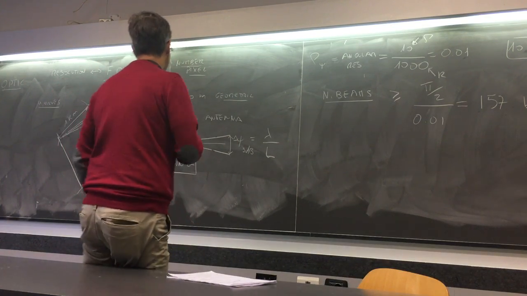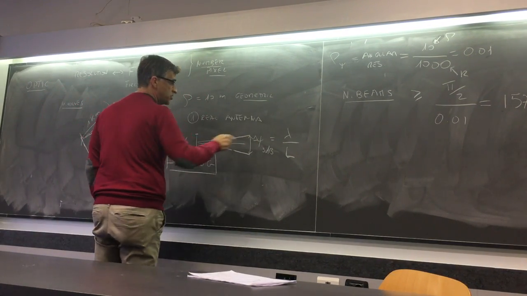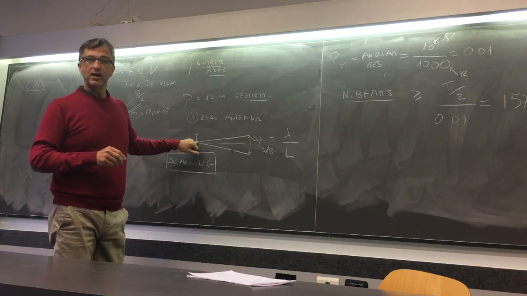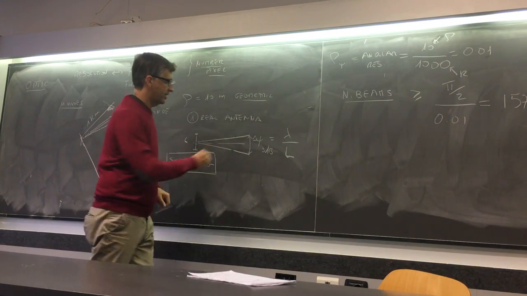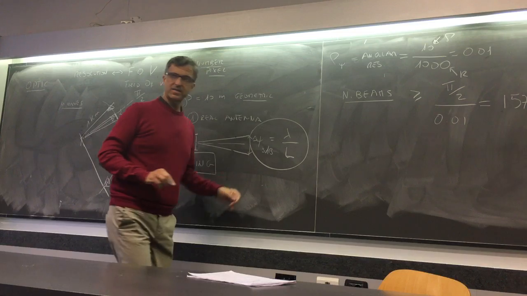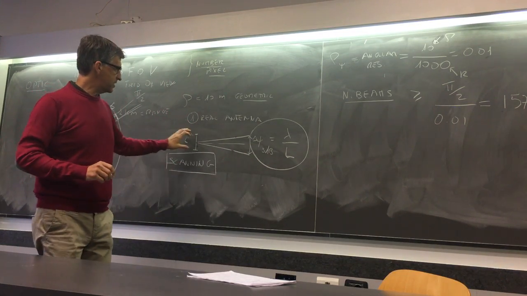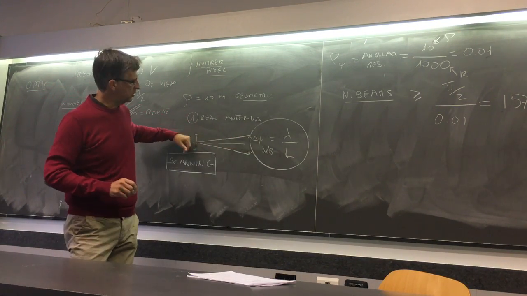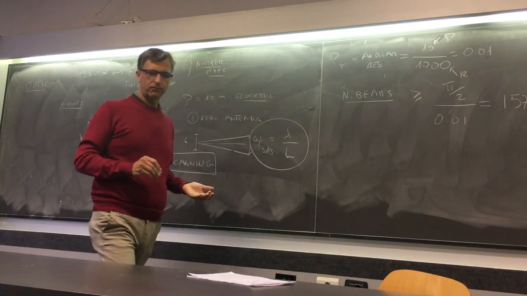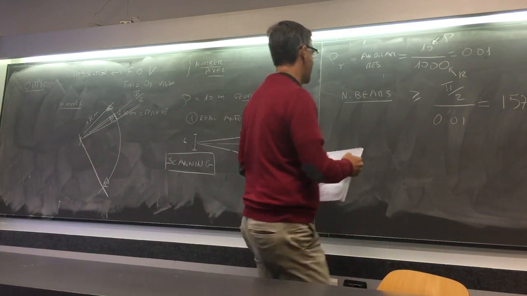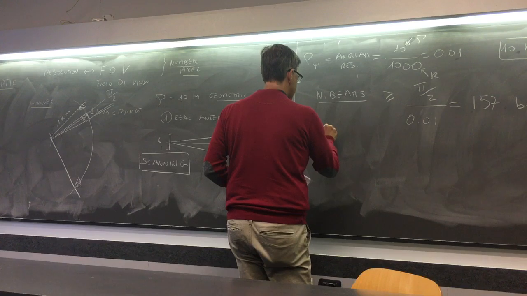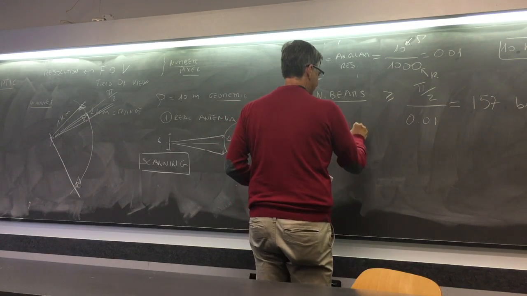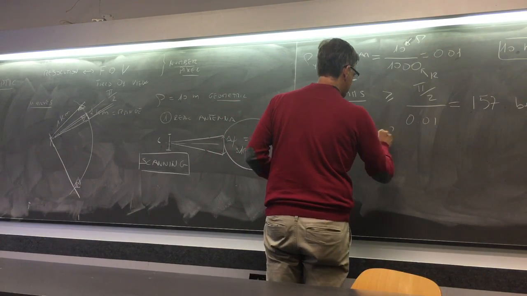So we can ask, for example, when you use this equation, you remember we were deriving this last week just by assuming a far field, so your point is very far from the antenna. Are we in the far field? Does our approximation work?